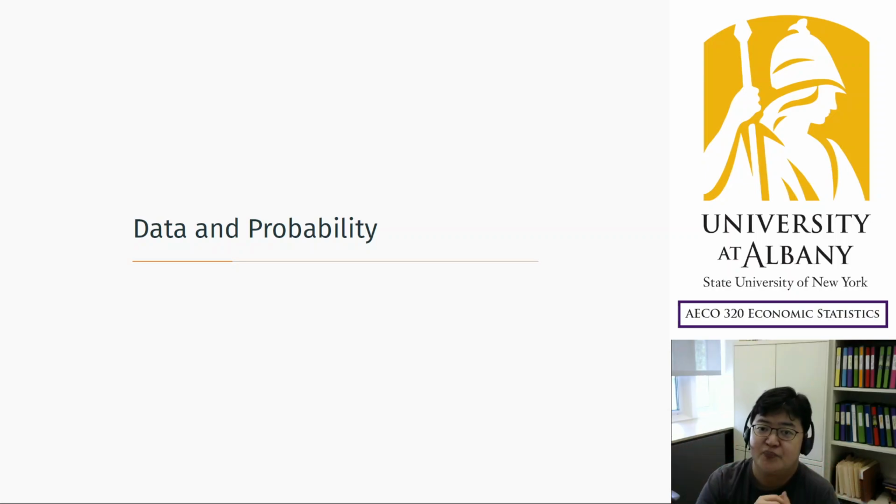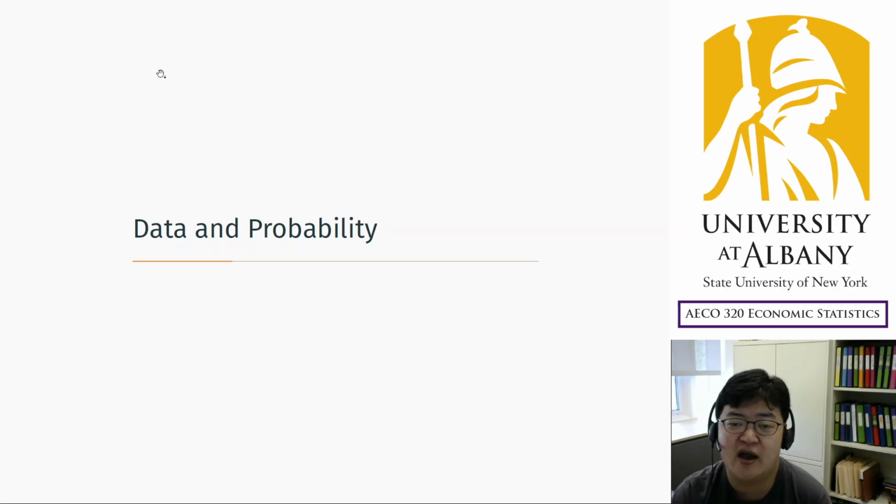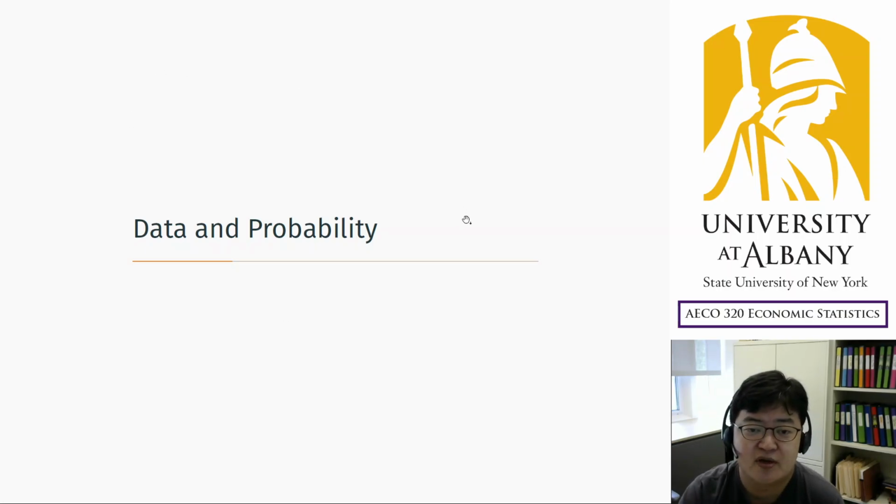We have to think about repetition of experiment to understand how the probability is defined and to understand what we are looking for, what we are trying to estimate. And in this video, I'm going to briefly talk about simple data: how you can calculate the probability from the data. It's super simple, and this video will be, I guess, pretty short.